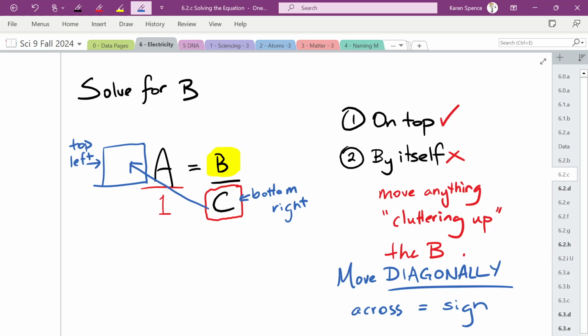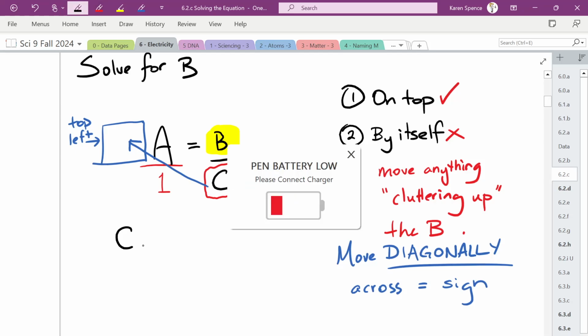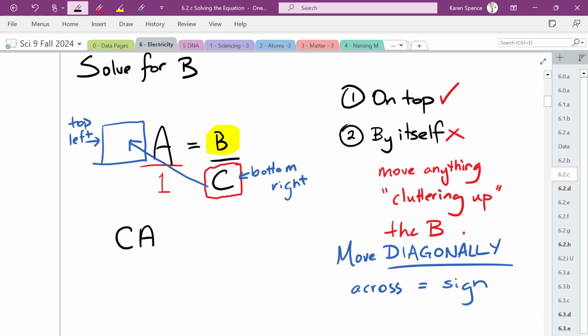Okay? So what's going to happen now is I'm going to have C here beside A. I still have over 1. If you don't have to write the over 1, okay? And now I have a B, and B's not over anything, so again, it would just be over 1. So can I get rid of the over 1s now? Yes.